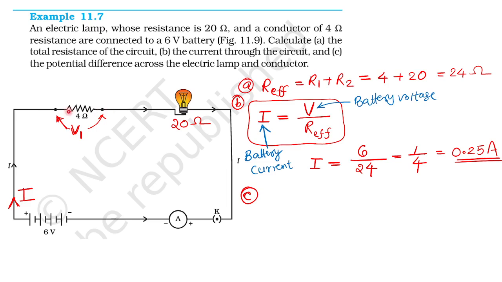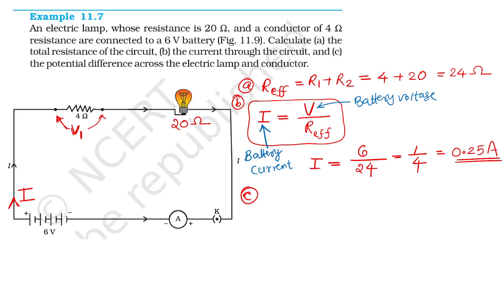Or think of water flow: in order for water to move from this point to that point, it needs some energy. If the water does not have any energy, it cannot cross. That energy is V1, understood? In the same way, for the current to cross from this point to that point, the current should have some energy. That energy is V1.